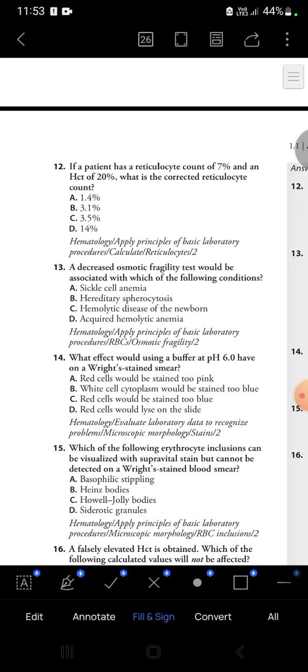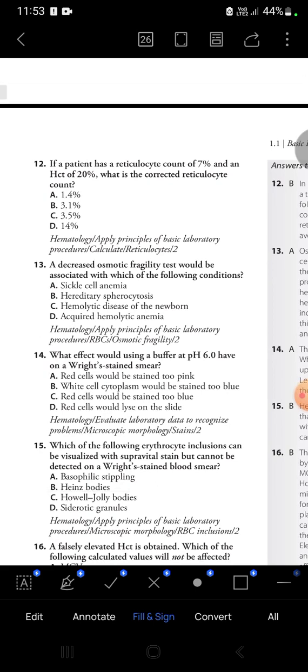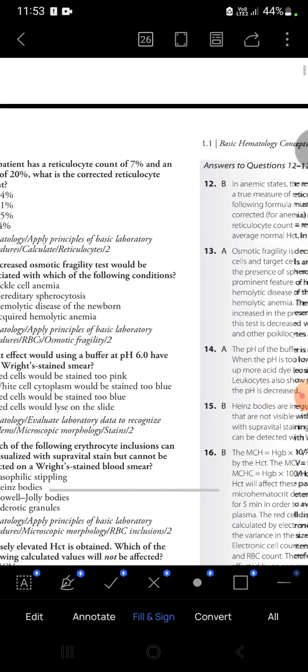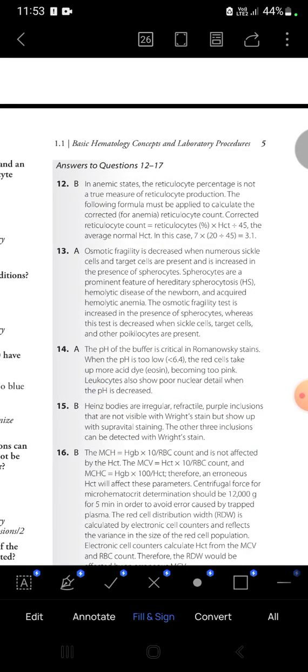If a patient has a reticulocyte count of 7% and an HCT of 20%, what is the corrected reticulocyte count? So the answer is B, 3.1%. In an anemic state, the reticulocyte percentage is not a true measure of reticulocyte production.